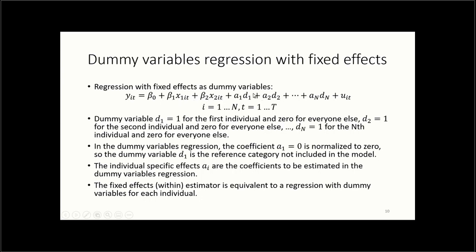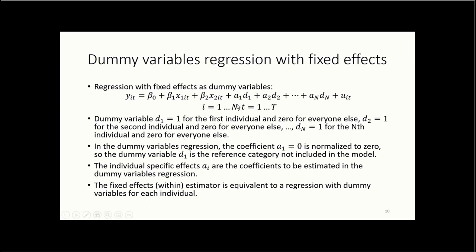But here we would be adding dummy variables d1, d2, and dn for each of the individuals. So here a dummy variable d1 would be equal to 1 for the first individual and 0 for everyone else. So d2 would be equal to 1 for the second individual and 0 for everyone else. And the final variable dn would be equal to 1 for the nth individual and 0 for everyone else.